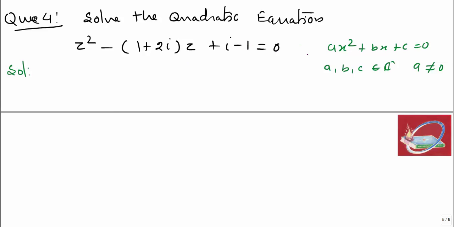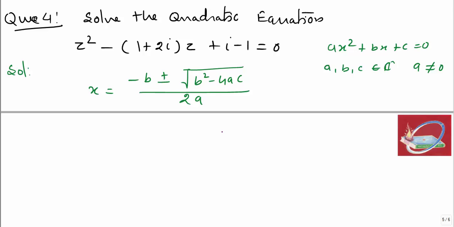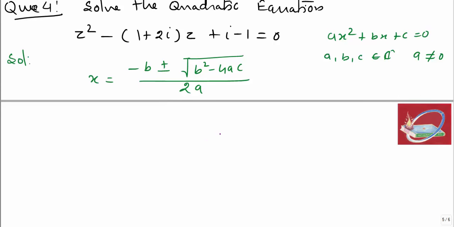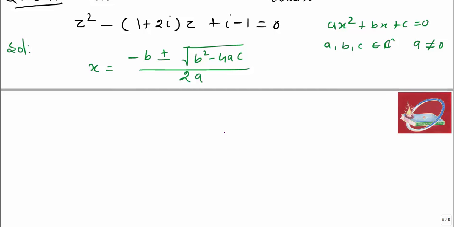So we can apply the formula of ax square plus bx plus c equal to 0, the quadratic formula, that is x equal to minus b plus minus under root b square minus 4ac upon 2a, to solve this equation. But if we observe the equation, then we can easily find some solution.